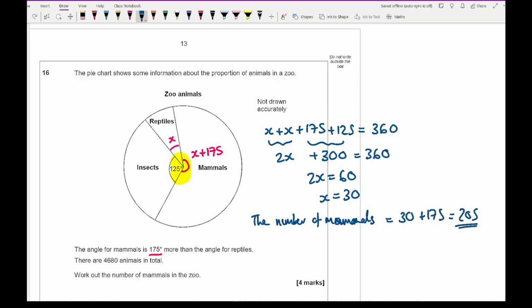So then to work out how many mammals there are, I've got to work out the proportion, so it's going to be 205 over the total, which is actually, no, it's going to be divided by 360, and then I multiply that by 4680. If I type that all into my calculator, so 205 over 360 multiplied by 4680, I get an answer of 2665, and there is my final answer.